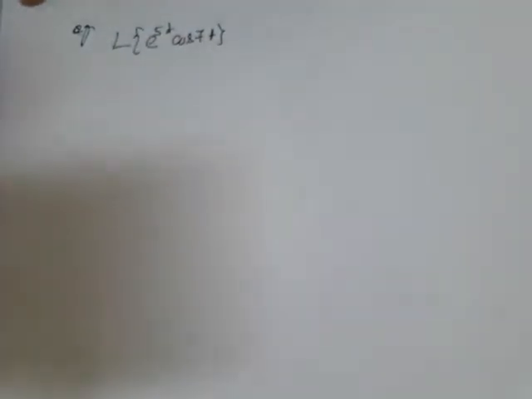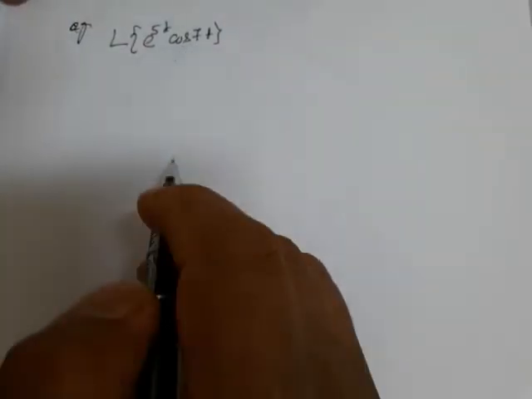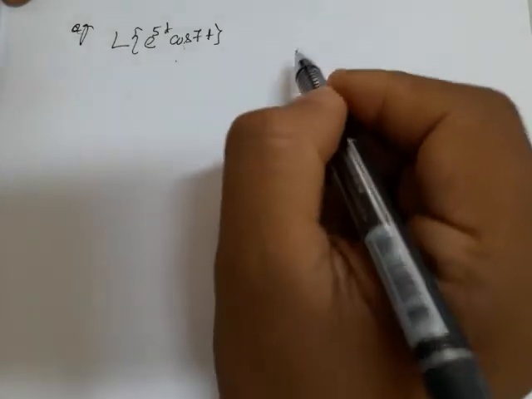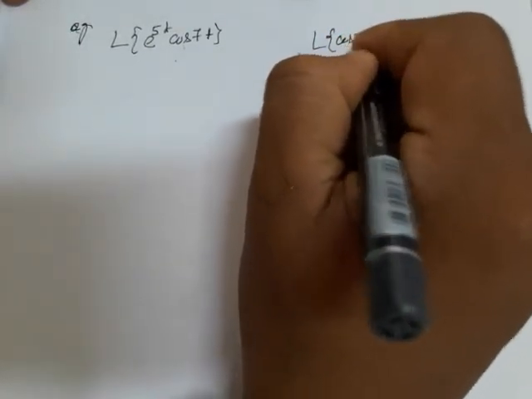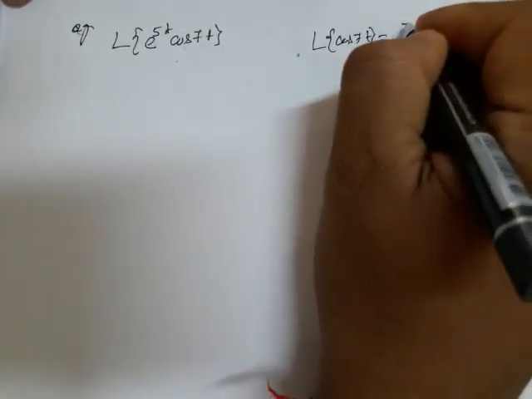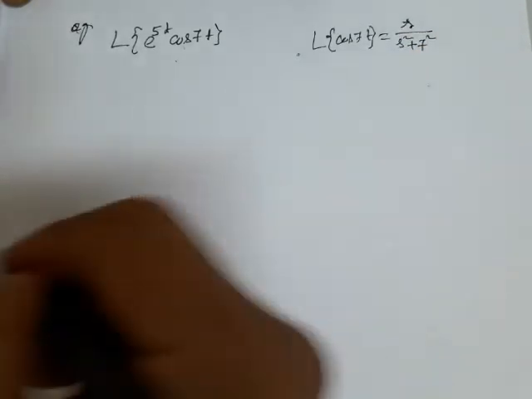One more question. Let us take the example L{e^(5t) cos 7t}. First we have to know the formula for L of cos 7t. We know L of cos 7t is s by s square plus 7 square.